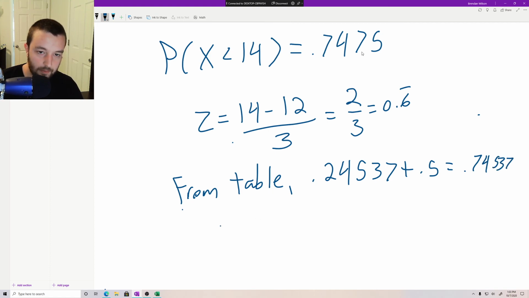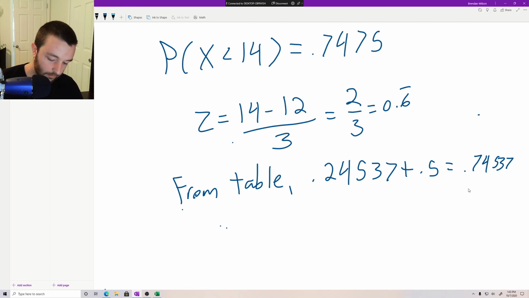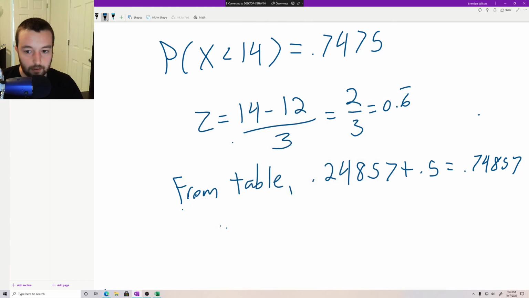So it's the same up to 2 decimal places. This is more precise because here we had to round pretty severely. It actually would probably be better if we did the 0.67 spot, which is 0.24857, because that's what it would really be rounded. Let me do that instead. But they're always going to vary slightly because we're going to have to round. Yeah. So this would be 0.74857, which is almost this, right?